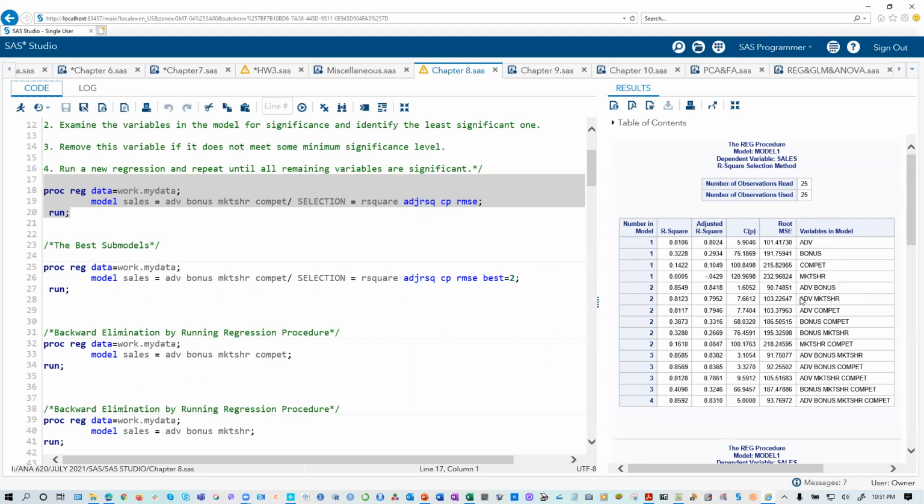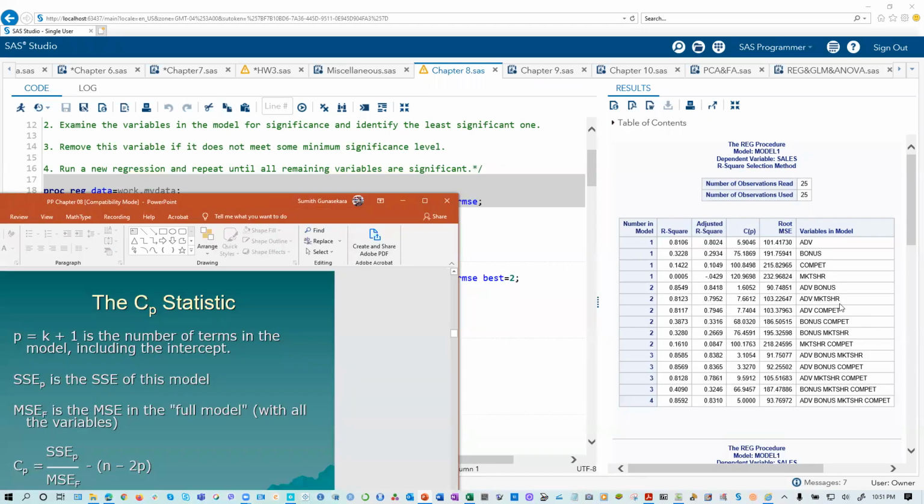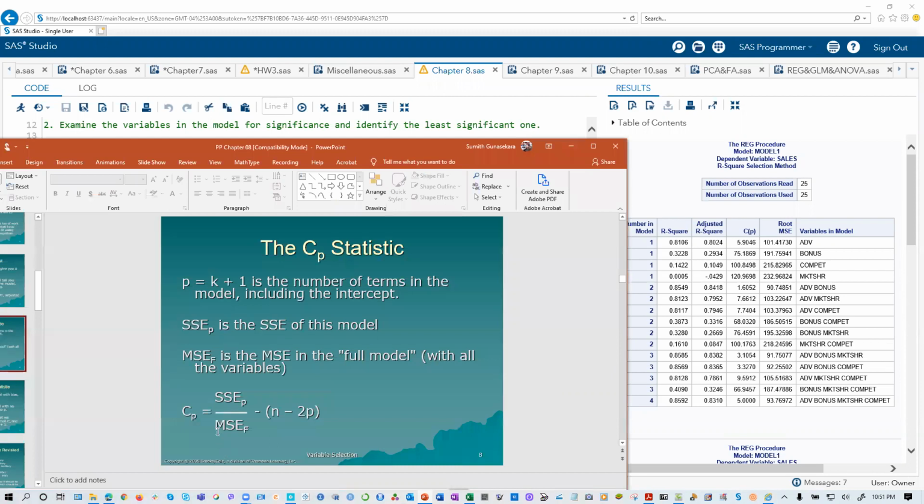You can find the sum of squared error because you can run that regression. Let's say advertising and competition: you get the sum of squared error by running the regression on this one. It should be divided by the mean squared error of the full model. The full model is the last one.